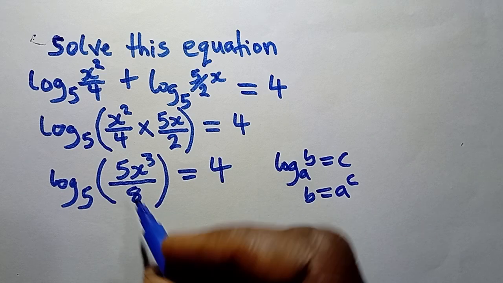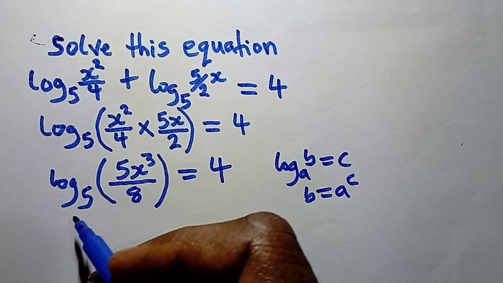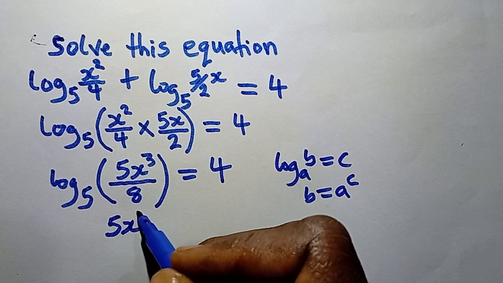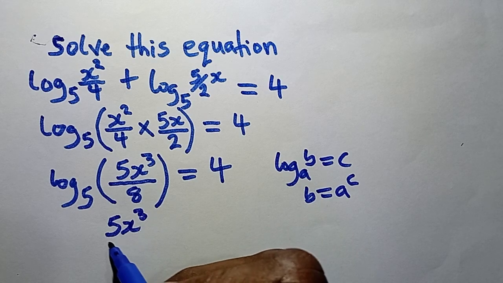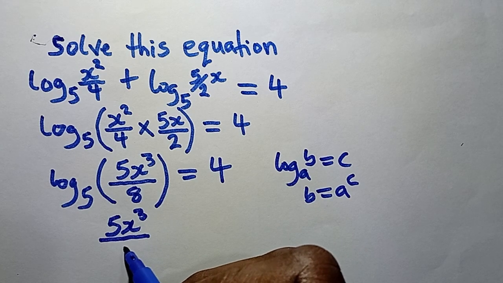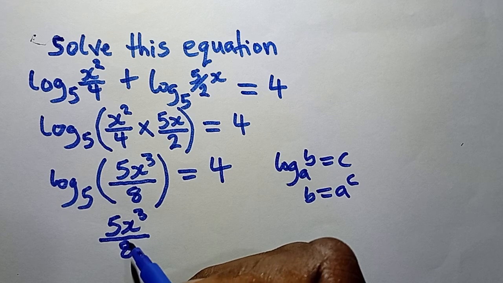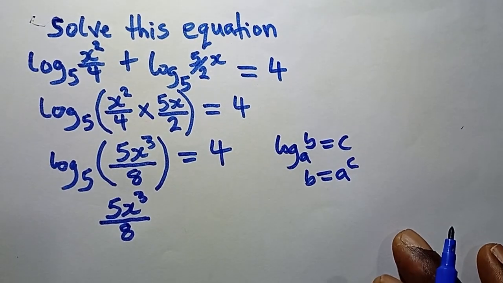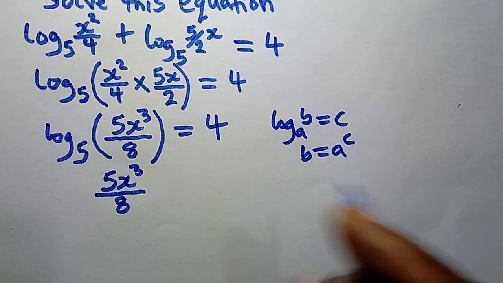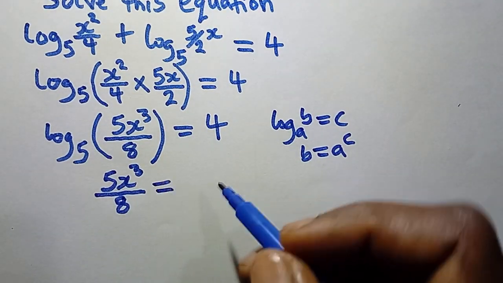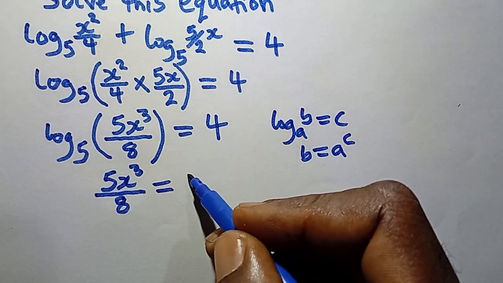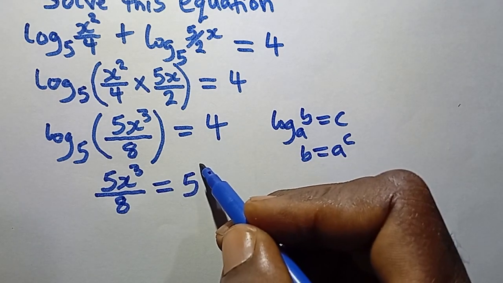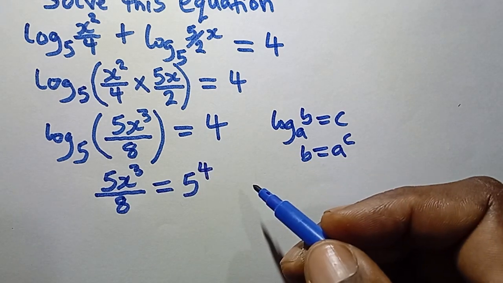So if we take that now, then we are going to take this as 5x cubed all over 8. That will be equal to the base here, which is 5, all raised to the value that we have here, which is 4.